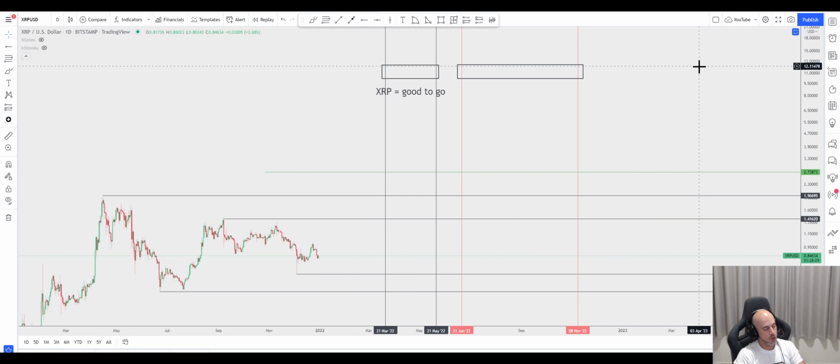Okay, so now the other scenario. This is my opinion, and of course I can be very wrong about this, but I was thinking, let's say XRP goes up a little bit, followed by Bitcoin, Ethereum, and so on.